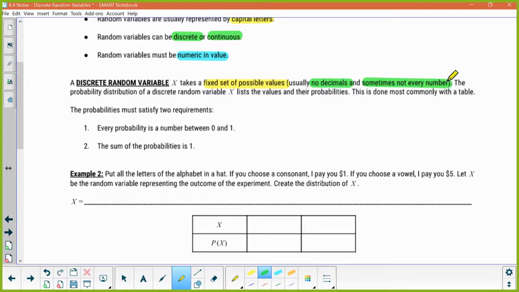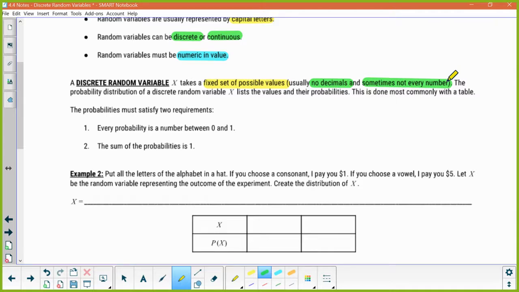Now, the one exception with decimals, I would say, is potentially shoe size. Generally, we consider shoe size to be discrete because it is a fixed set of possible values. You're a 7, a 7.5, an 8, an 8.5. You can't be a 7.95. So it is still fixed. It's just that's one of the instances where decimals are okay.